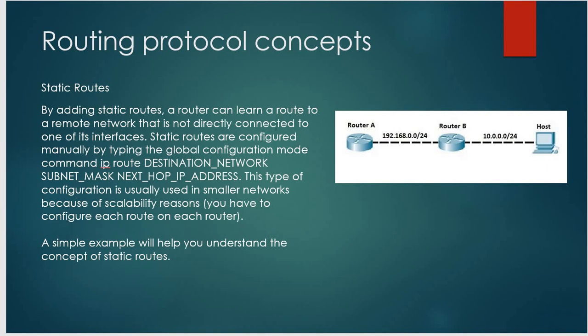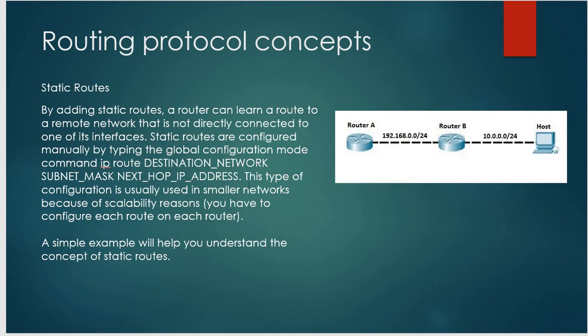This side can also have a host: 192.168.0.0/24 here, and the 10.0.0.0/8 network. These two can be interconnected using a static route, and we can configure it using the global configuration mode in the Cisco router IOS operating system.